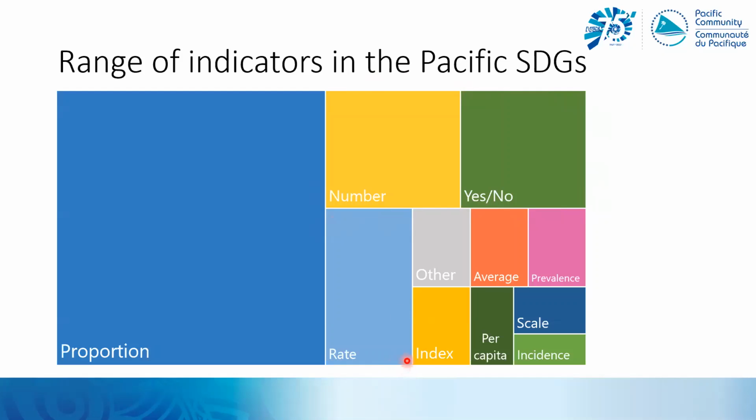Rates are also common, and a lot of that is in the health indicators, so mortality rates, for instance, and also the incidence and prevalence, where with incidence we're looking at the new cases in a year, and for things such as stunting and wasting in children, we want to know prevalence, which is the total number of cases as a rate in the population. And we have a few scale indicators, where after you've collected all the data, that gets moulded into a scale from, say, 1 for low progress up to 5, which is high progress.